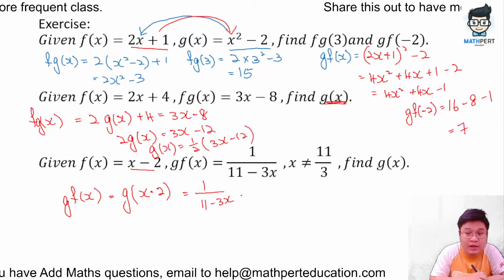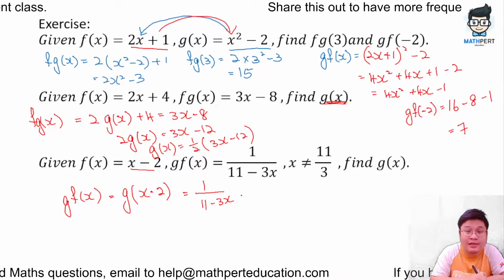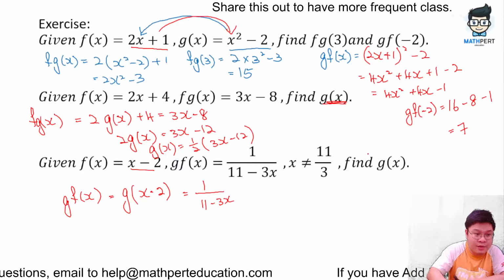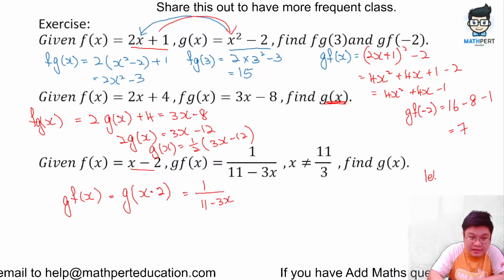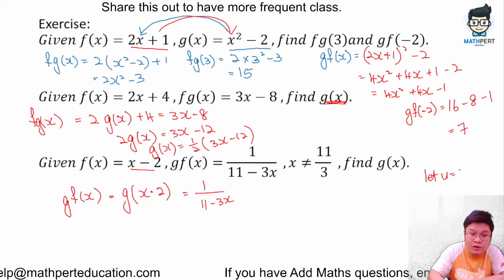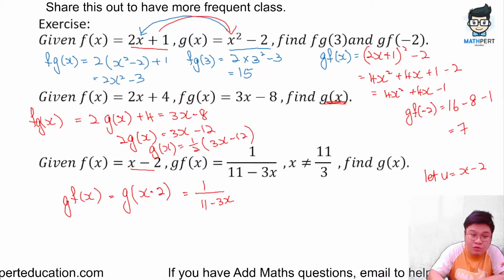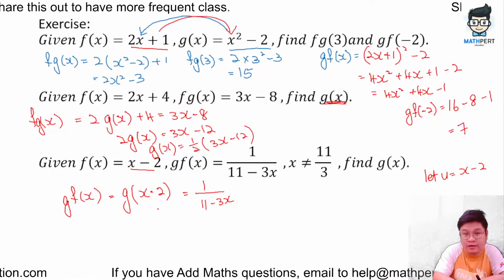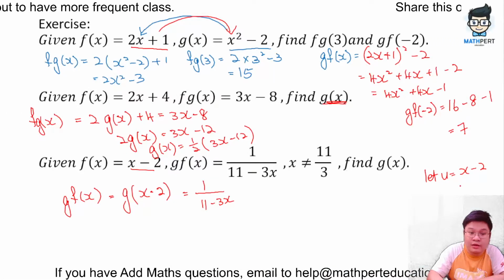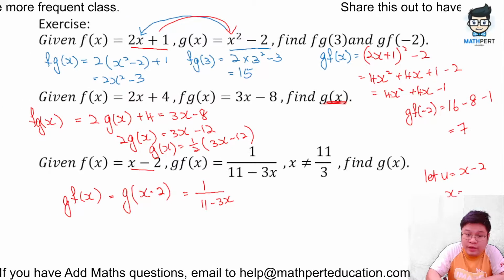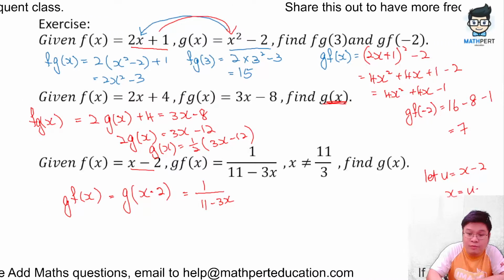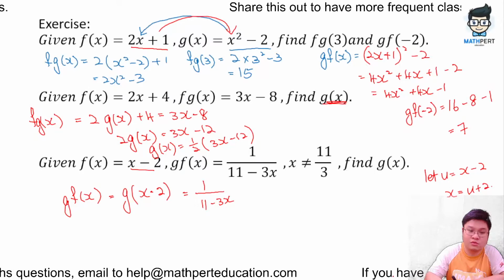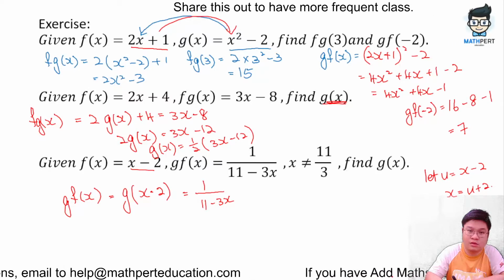Okay, so now we let u equals to x minus 2, which is inside the g over here. So we say x will be equals to u plus 2. Right?